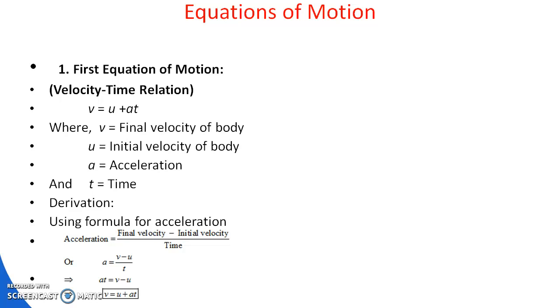For example, velocity is equal to displacement by time. Acceleration is equal to velocity by time. Since velocity is displacement by time, acceleration is equal to displacement by time square.